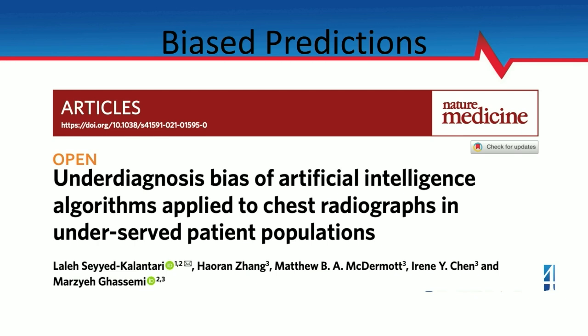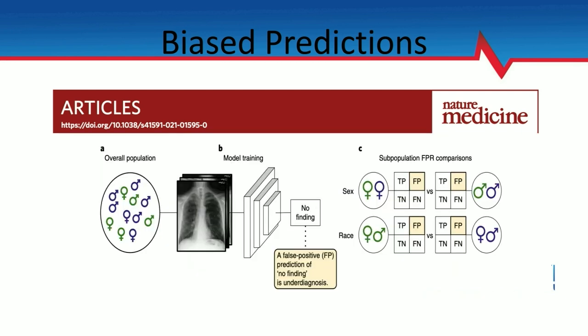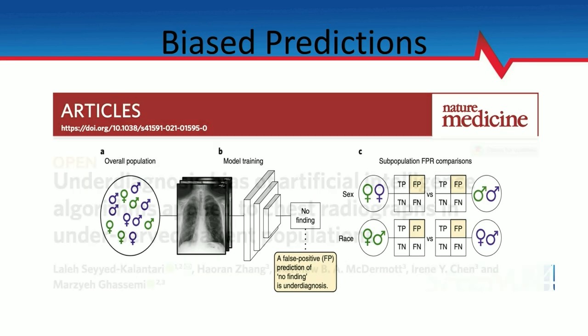And what they found was essentially that there was a systematic underdiagnosis bias for patients that were underrepresented in the data set. So essentially, marginalized patients or patients who have less access to care were less seen in the data set that trained the model in the first place. So the model had a very hard time predicting accurately what was going to happen for those patients.